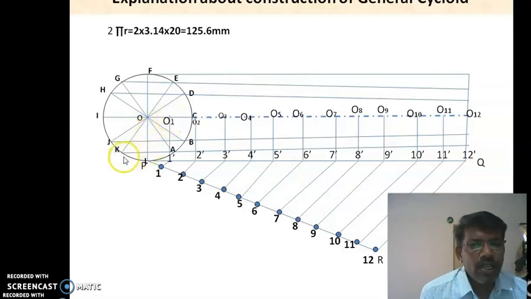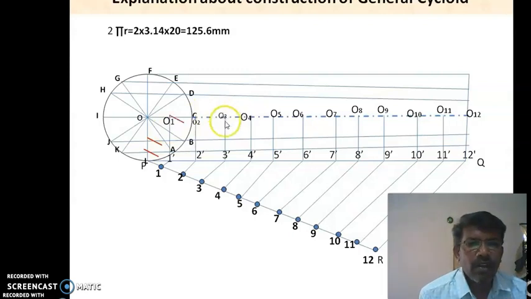O1 as center, with the radius, make an arc. And next with O2 as a center, on the second line, we can call it B, make another arc. And O3 as a center, that is the third line, C line, make an arc.